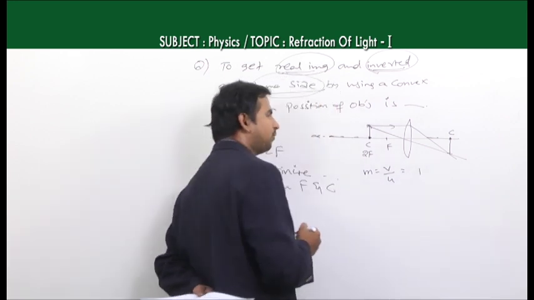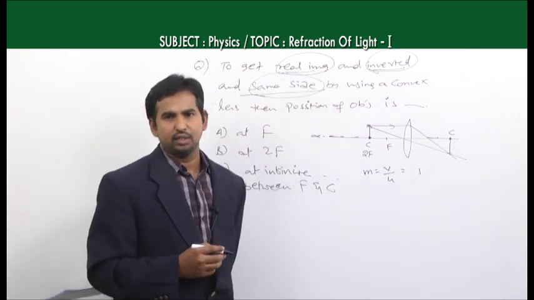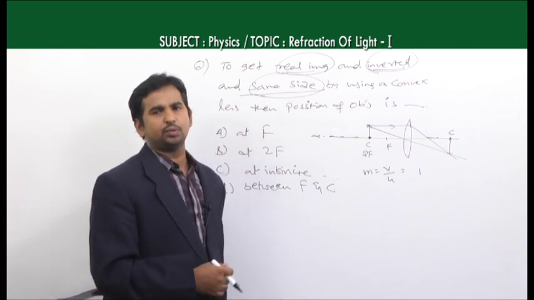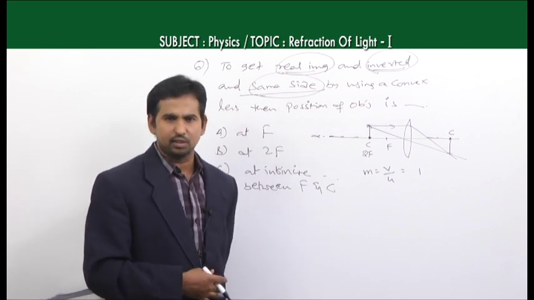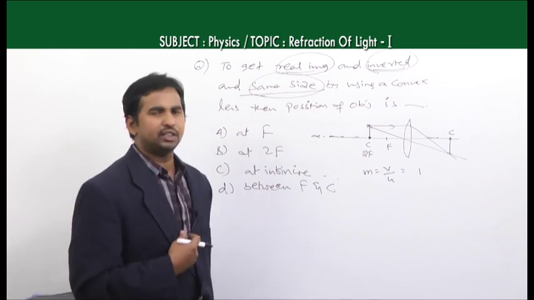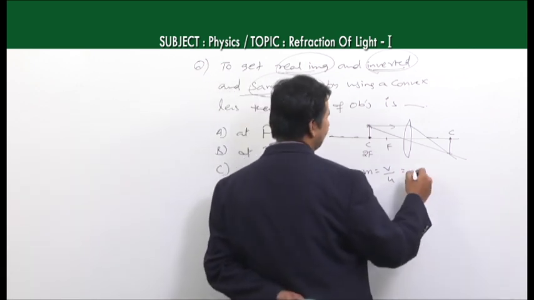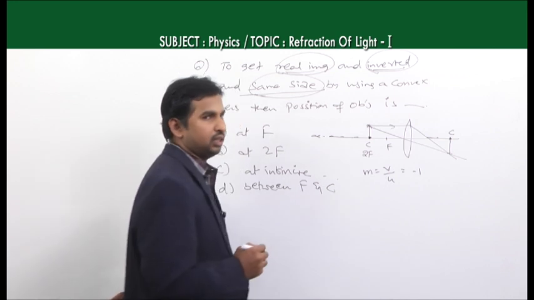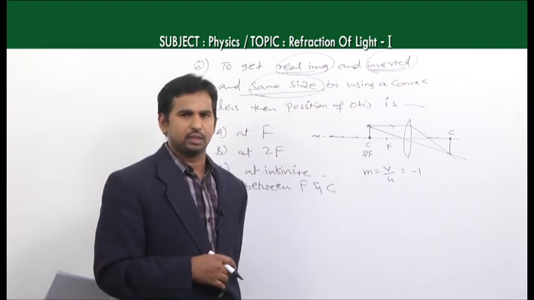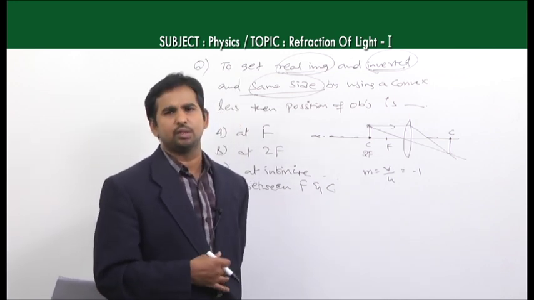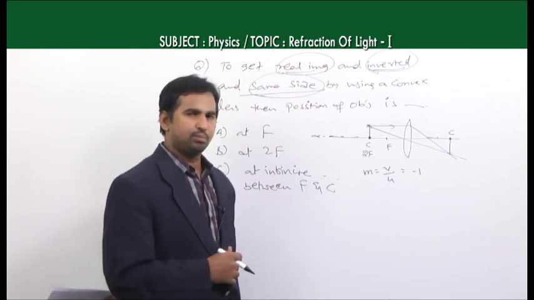That is why the magnification becomes 1, which means the image is of the same size. As it is forming an inverted image, we get m is equal to -1, which is the inversion that takes place. That minus represents that the image formed is an inverted image.